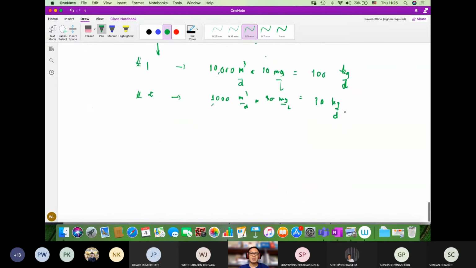Remember that for dissolved oxygen in water, in general you can find a value like the saturated DO. Do you have any idea about the saturated dissolved oxygen in nature? How much oxygen can dissolve into the water?